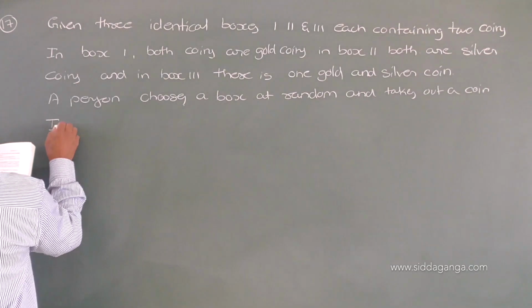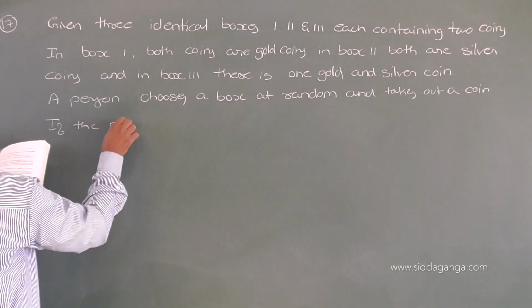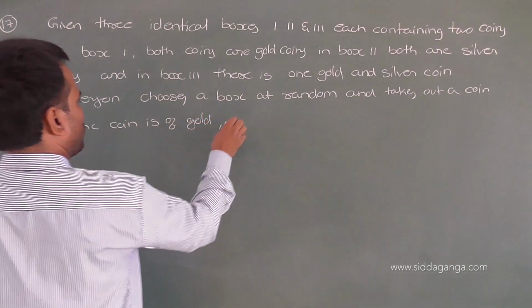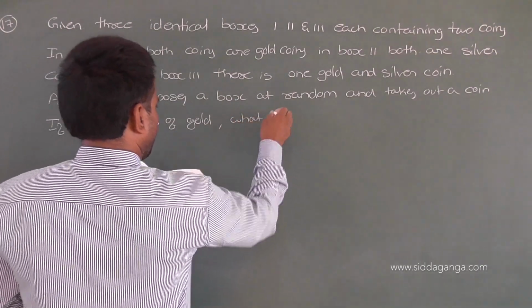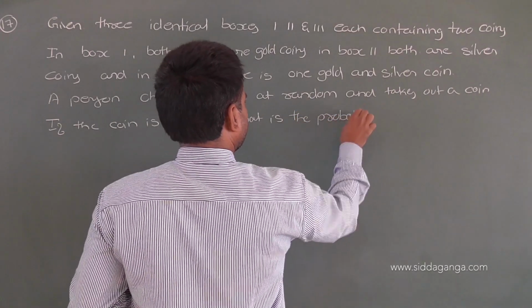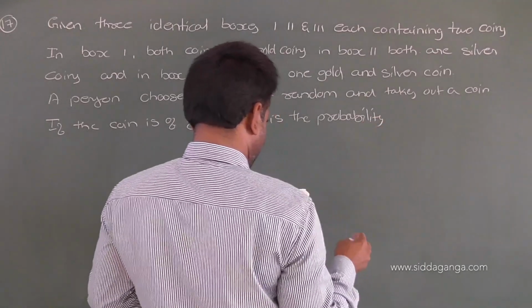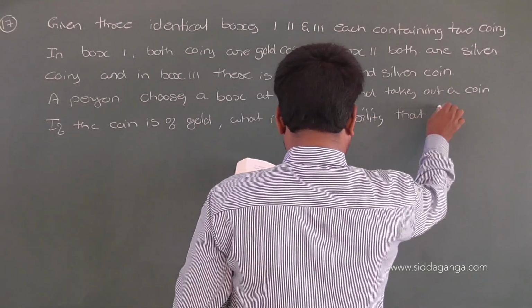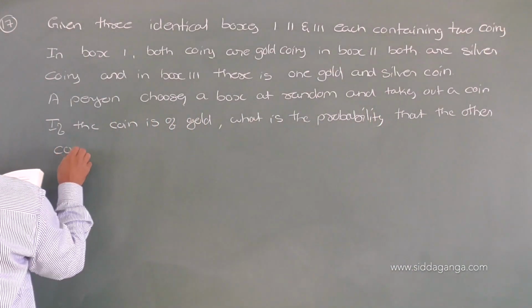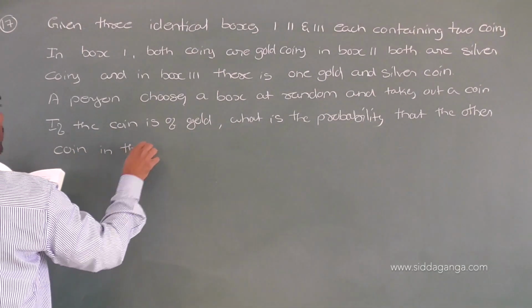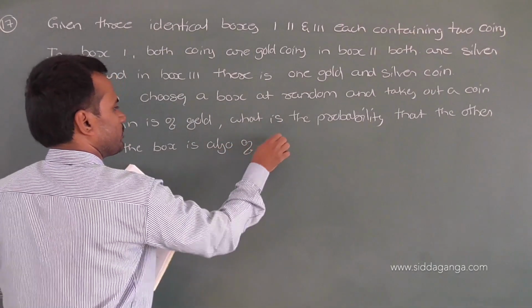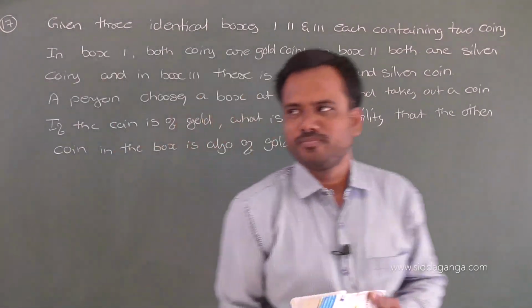If the coin is of gold, what is the probability that the other coin in the box is also of gold? Very important problem.